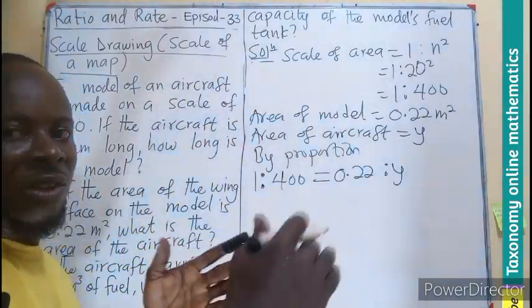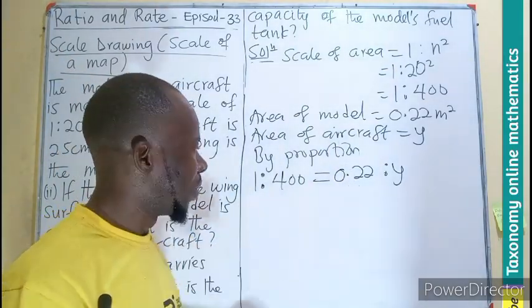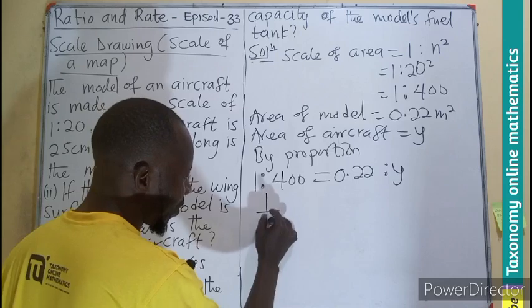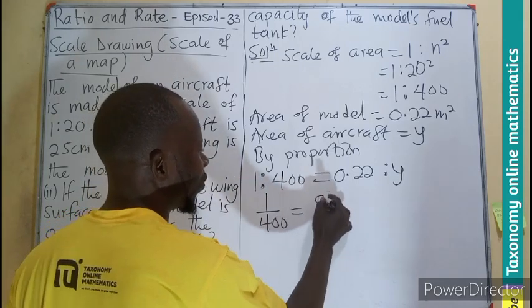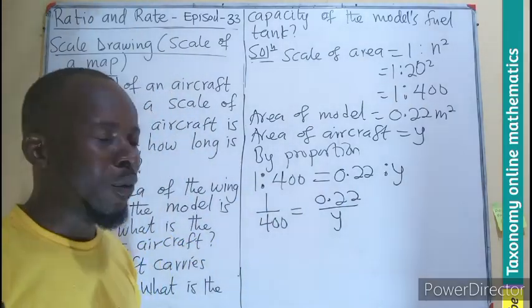It must correspond. The first one is on the model. So the first ones will be on the model. So that will be 1 over 400 equals 0.22 divided by y.